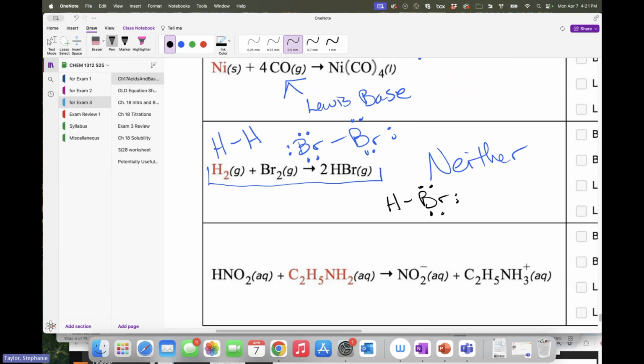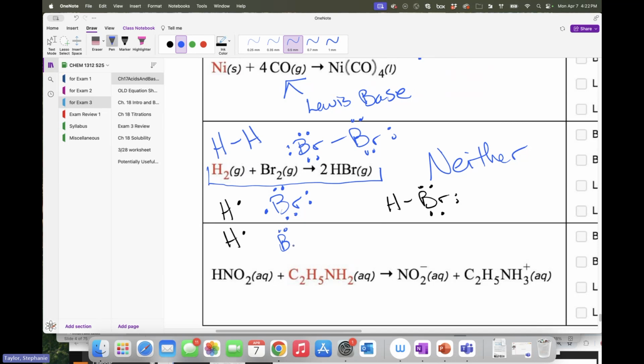The thing is that when we talk about donating or accepting electrons, part of the thing is I should be seeing something where all of the electrons just come from that thing. But when I break apart H2, I basically get a hydrogen with an electron twice. And then I break apart my bromines, and I get bromines basically with 7 electrons all around them.